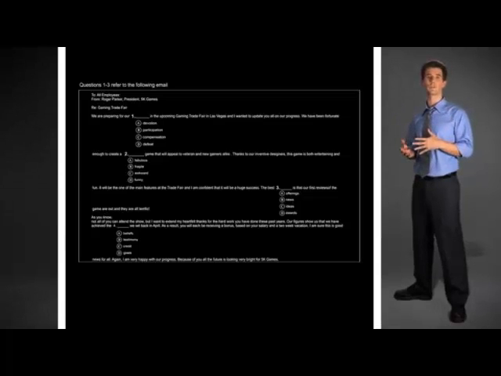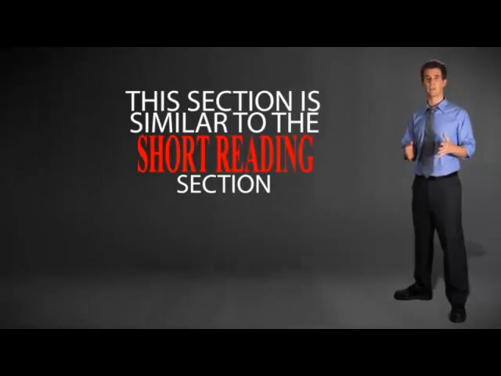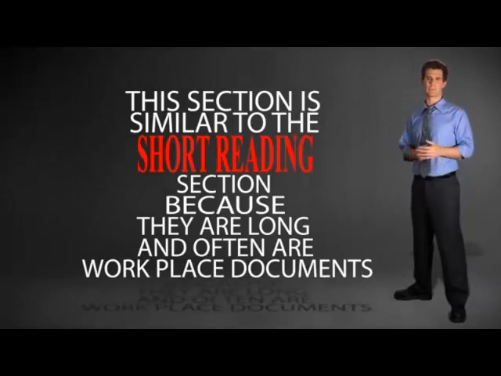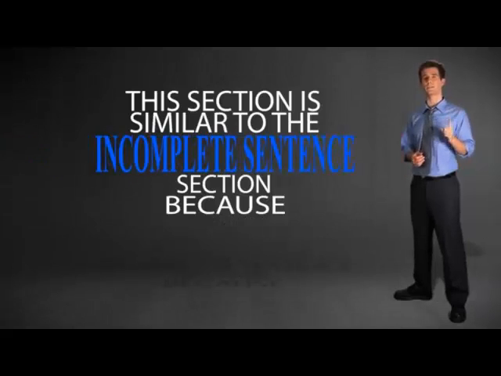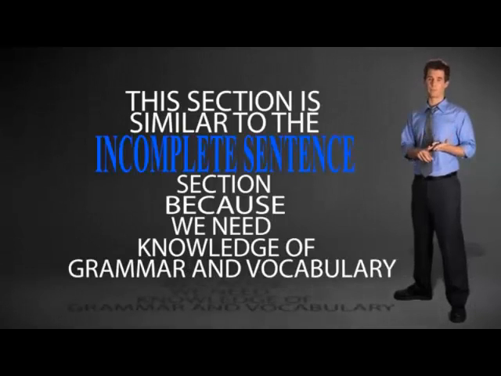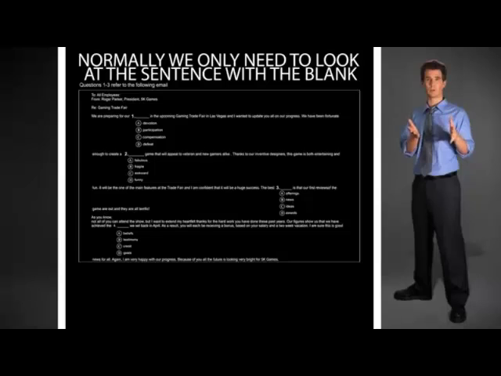Now, these are similar to the last section of the reading test, the short reading section, because they're very long and they're usually workplace documents. But it's also similar to the incomplete sentence section, because to answer these questions, we need some knowledge of vocabulary or grammar. Now usually, to answer one question, we only have to look at that sentence that has the blank in it, the missing word.